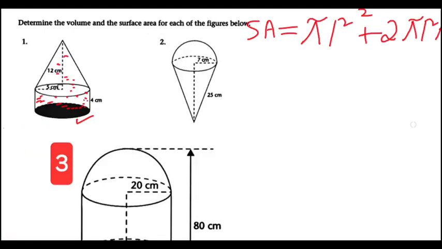Remember I told you for cone volume we use the perpendicular height, which is this one, and for surface area we use the slant height, which is on the side, this one, which is 13 now.